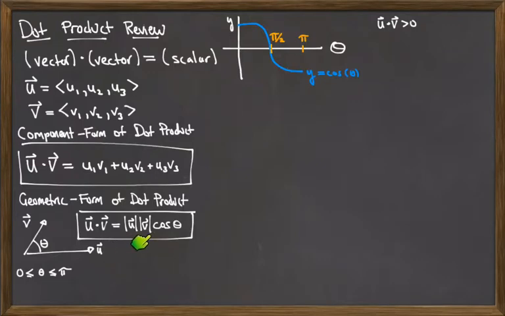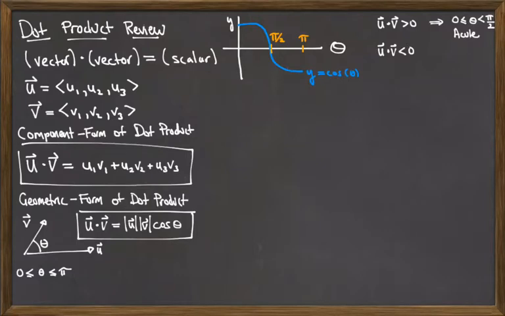The lengths are positive, assuming my vectors are non-zero vectors. So it must be because the cosine of theta was positive. If I see a dot product that's positive, I can immediately conclude that my angle is between 0 and pi over 2, and that my angle is in fact acute.